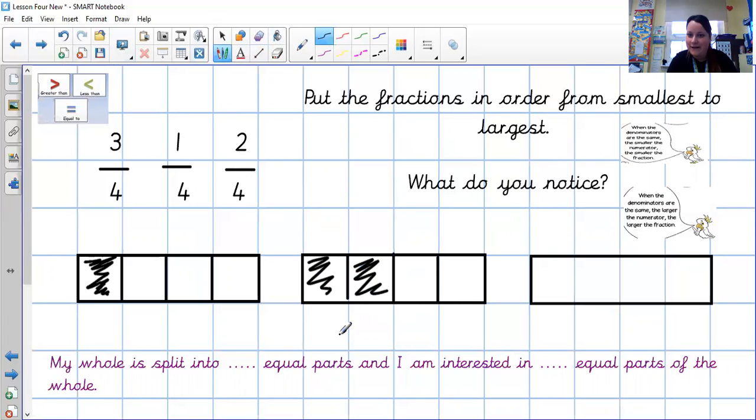Oh, looks good so far, doesn't it? That 2 quarters is greater than 1 quarter, and I can clearly see that with my bar model. Okay, let's have a look at the last one just to check. So 3 quarters. So I'm dividing my whole into 4 equal parts, and I am interested in 3 out of those 4.